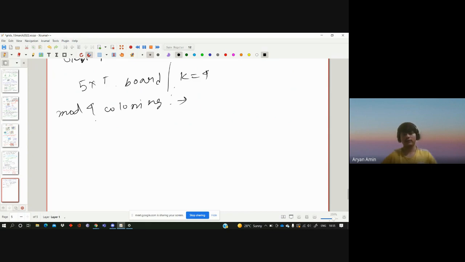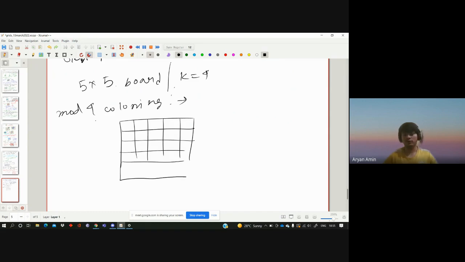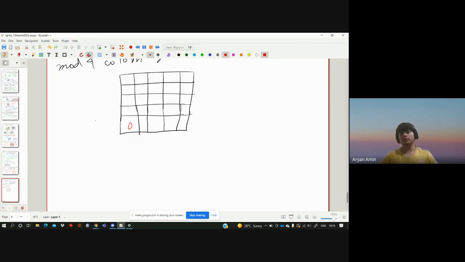So the mod 4 coloring is going to look something like 0, 1, 2, 3, right? Let's write 1, 2, 3, 4, and then you write 1 again.